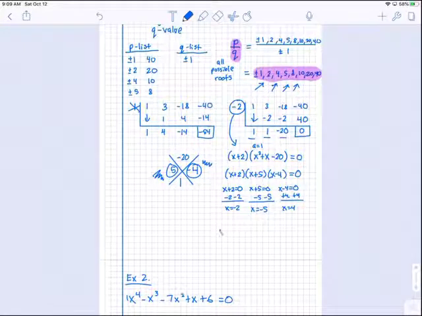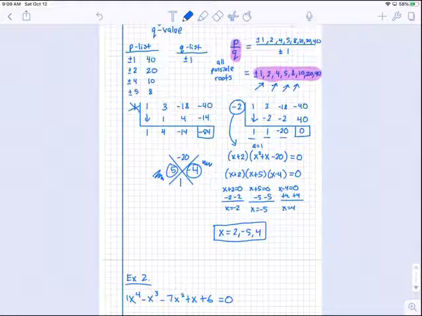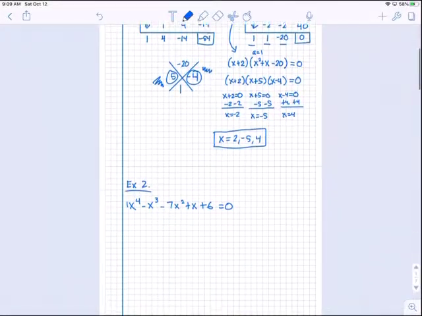So all of our zeros are x is equal to negative 2, negative 5, and 4. And there is your answer for that first problem. So again, we use the rational root theorem in order to find our roots, and then we just do it from a polynomial, and look at that, we found all 3 roots. Alright, so moving on to example 2.